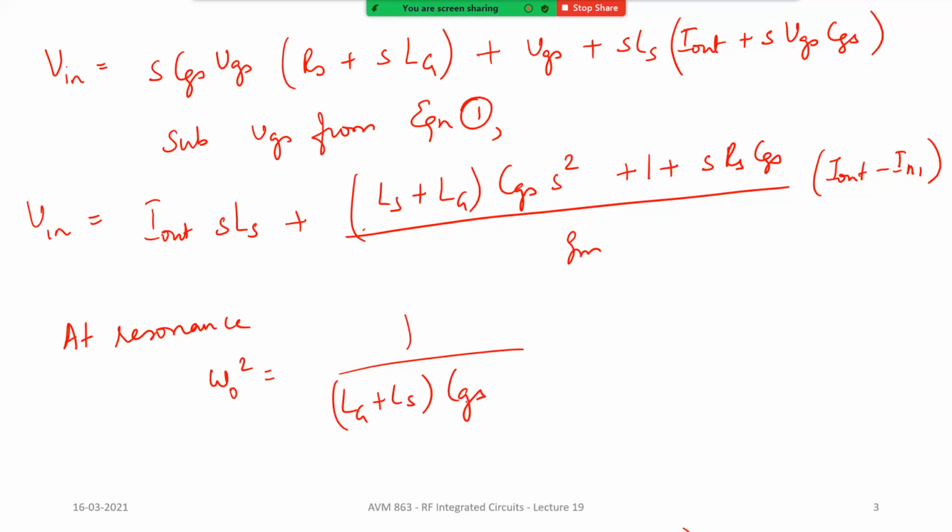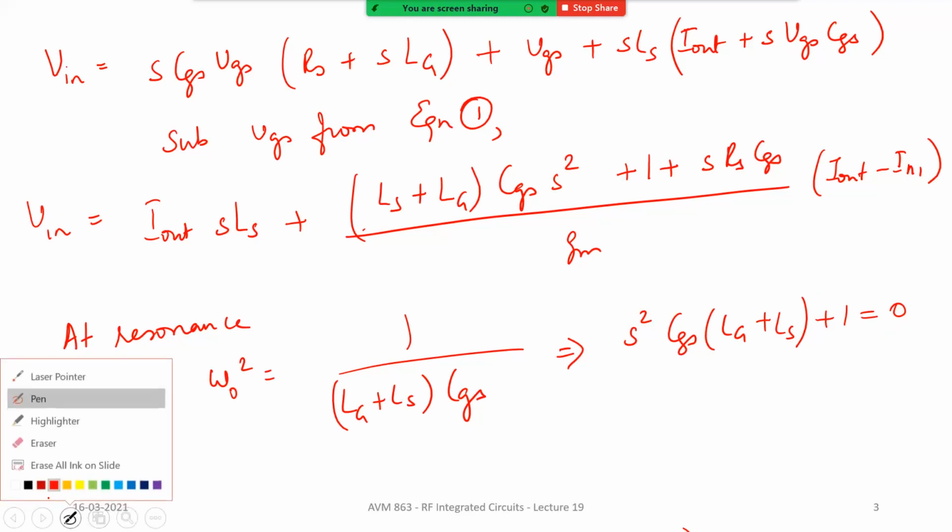In other words, what can we say? S squared times CGS times Lg plus Ls plus 1 is equal to 0. Okay. This is, of course, the magnitude thing, but if you were to write it in terms of S domain, you can say that S squared into this whole thing plus 1 is equal to 0, right? So which means what? This particular term goes to 0.